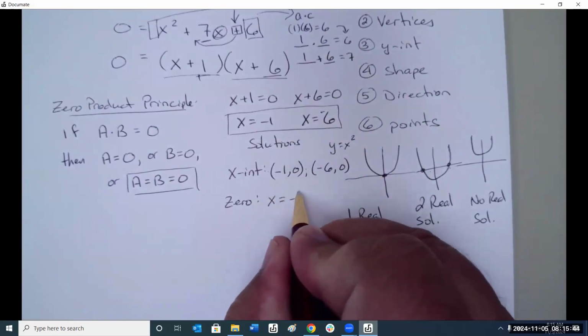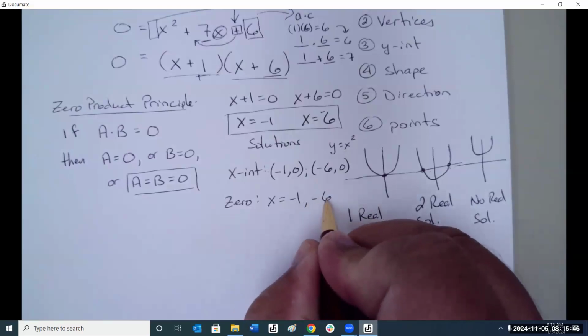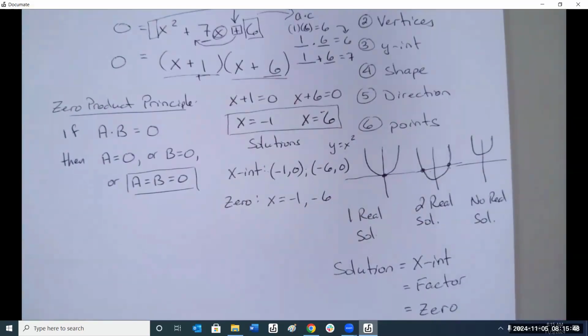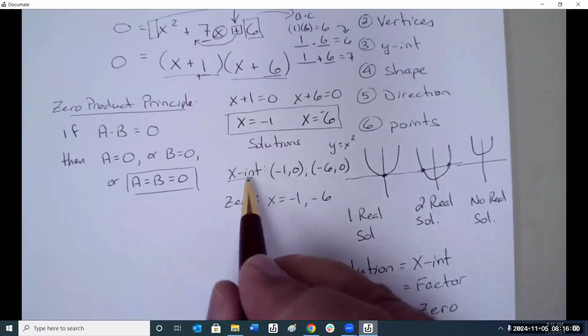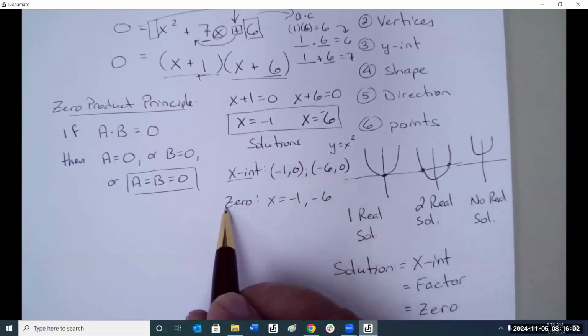Right. x equals -1 and x equals -6. The zeros are the specific x values that make the function equal 0. They represent the same number, the same location, but they're written differently. An x-intercept is a location, it's a point. The zero is a value.